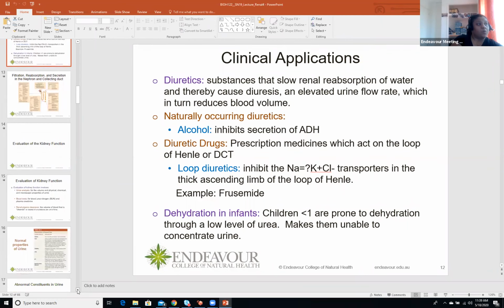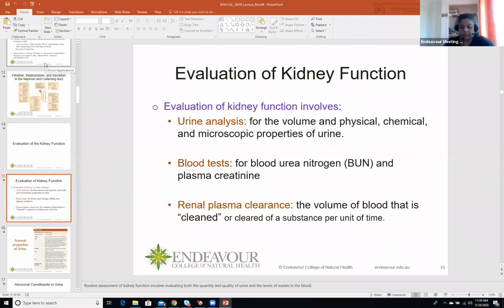Okay, so we talk about the different tests that are done for the evaluation of kidney function. The most important and most frequently used test is urine analysis, urine sample analysis. There are two types of analysis. There is a macroscopic analysis, where you look at the color of the urine, its physical properties, the volume, and the chemical composition.